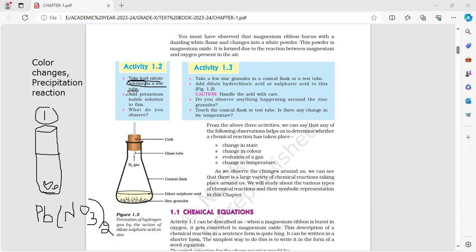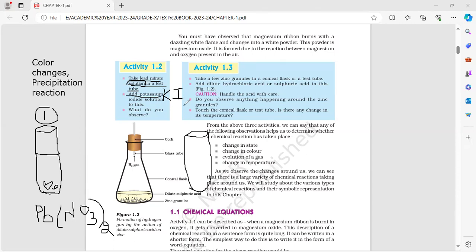Now I took lead nitrate. This is the first thing, and secondly, add potassium iodide solution to this. So I take one more test tube and add potassium iodide. The chemical symbol of potassium is capital K, and iodide is capital I, so potassium iodide, KI.